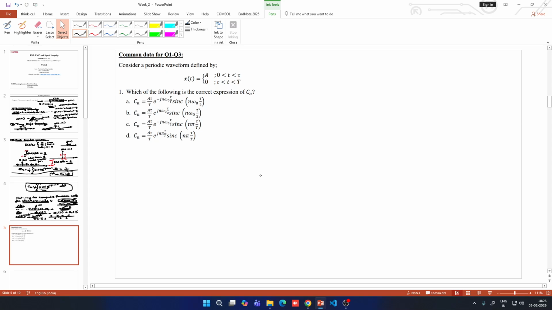Those who have joined just now, we just started question number 1: consider a periodic waveform defined by x of t, and we have to find which of the following is the correct expression for Cn, where Cn is the Fourier coefficient. Now let's start with the solution for this one.